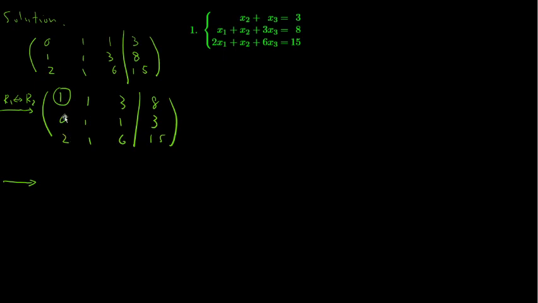This location is already 0, so you do not have to do anything about that. Now the problem is what operation you can perform to make this location 0. Maybe multiply by 0? No, we cannot multiply a row by 0. We have to multiply a row by a non-zero number.